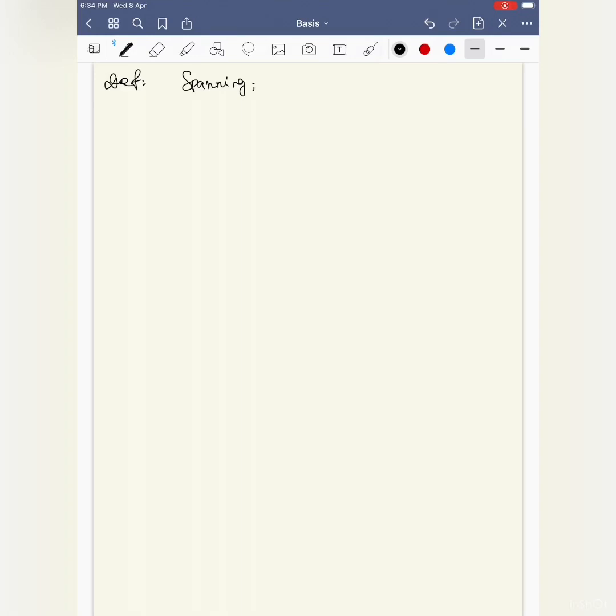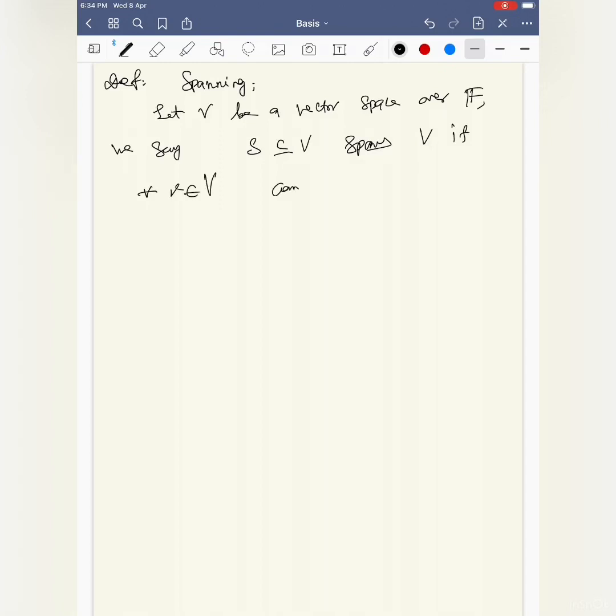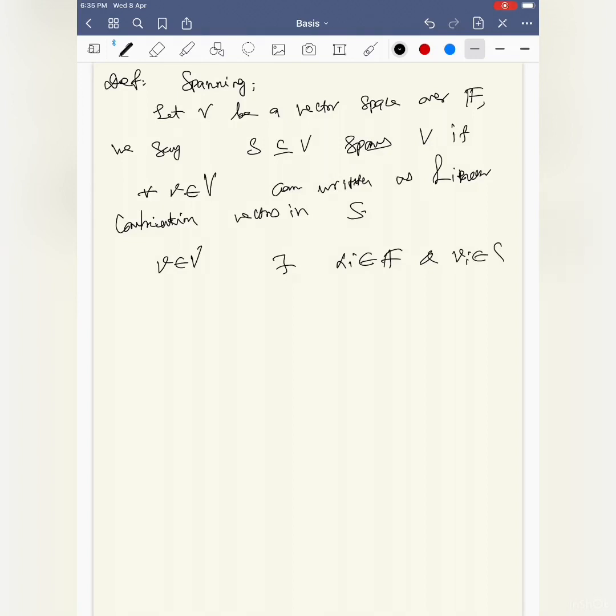Let V be a vector space over F. We say S contained in V spans V if every vector belonging to V can be written as a linear combination of vectors in S. That is, for every vector v belonging to V, there exist alpha i's belonging to F and vi belonging to S such that v equals the summation of alpha i vi, and this is called a linear combination.